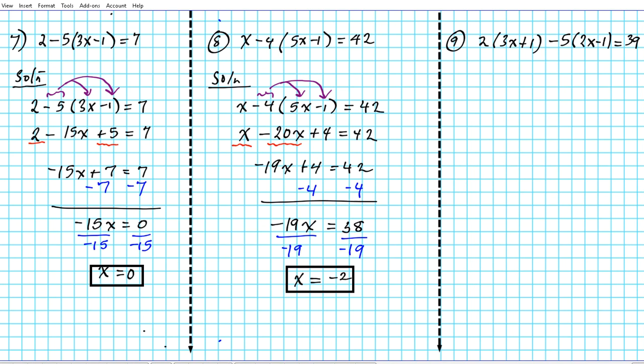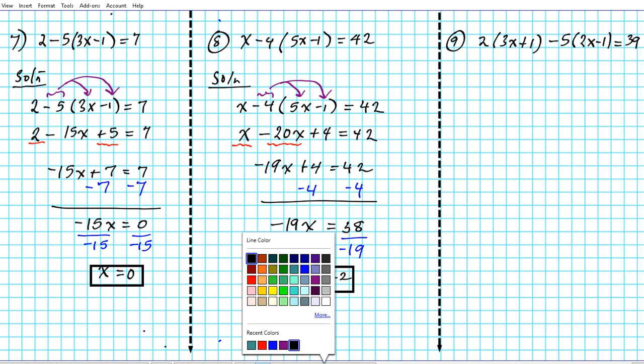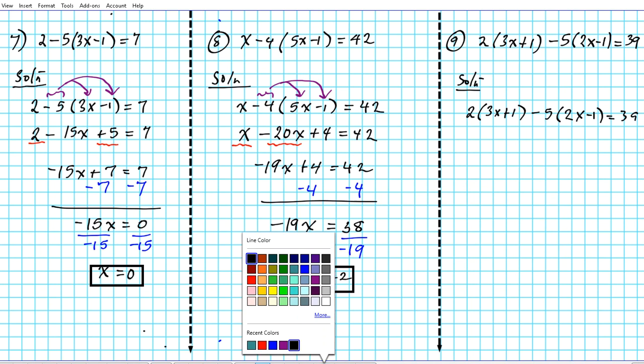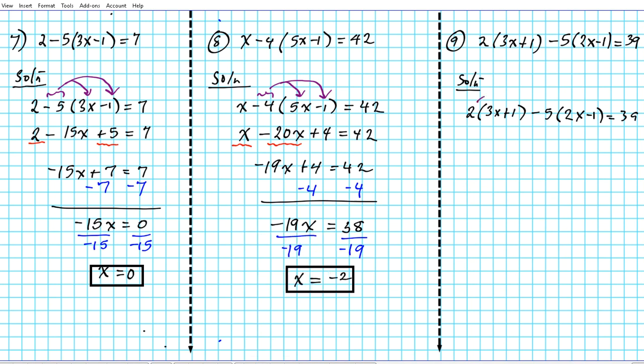So let's write that down again. So we have 2 times 3x plus 1 minus 5 times 2x minus 1 equals 39. Alright, let's go ahead and distribute. So distribute the 2 to these two terms, and then the negative 5. Don't forget, you're distributing the number with the sign to these two.